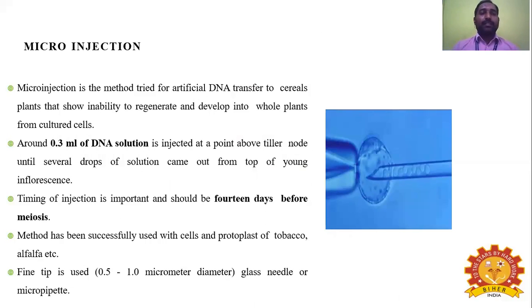Here we have the next method, microinjection. This microinjection is a method tried for artificial gene transfer to cereal plants.